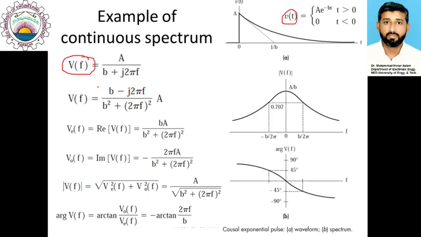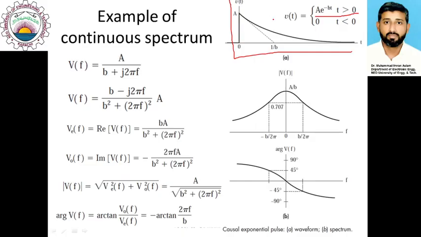As an example, although I'm not going to do the actual calculation of the Fourier transform, let us take a waveform illustrated here as an example of a continuous spectrum. This is a simple exponential signal, a e^(-bt) for t greater than 0, and for t less than 0 it is equal to 0. So this is an exponentially decaying signal.